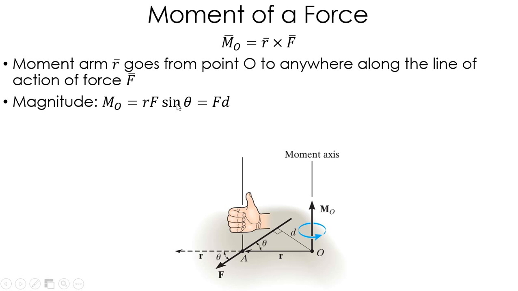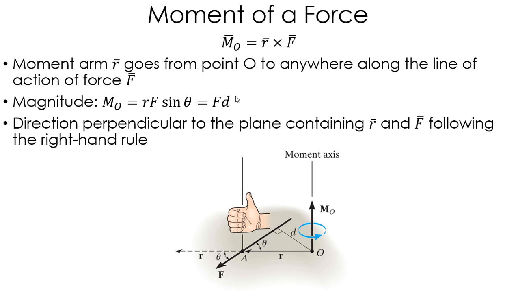So it's the same idea. You can solve 2D problems using the cross product, though I find it easier to break them up into perpendicular components and solve it that way. The magnitude of this is just rF sine theta. More times than not, we'll just be doing the full cross product, but I wanted to show you how they're related.